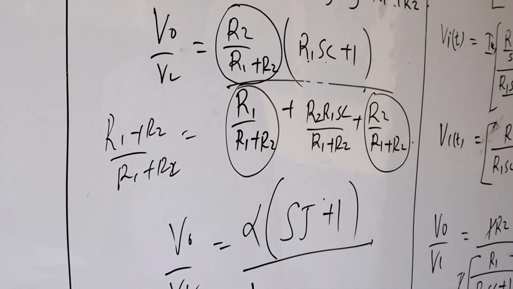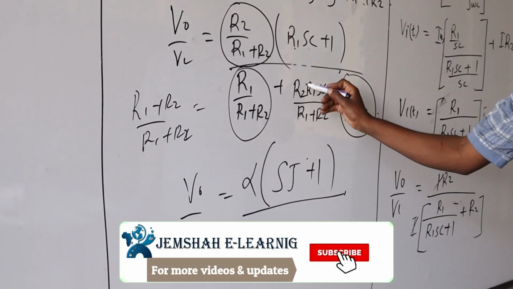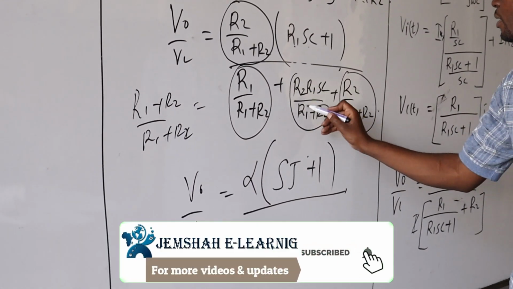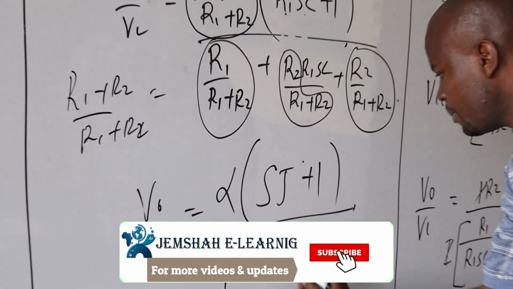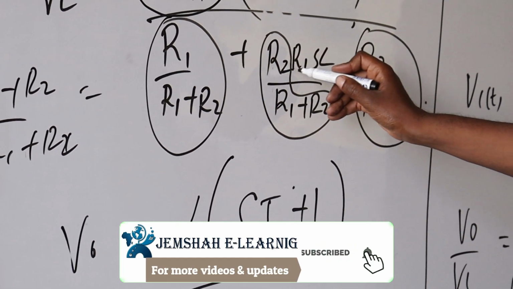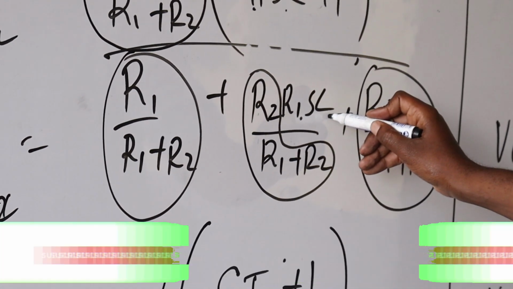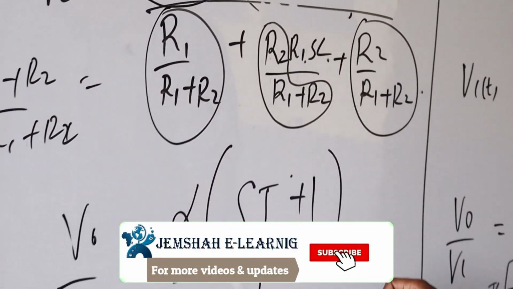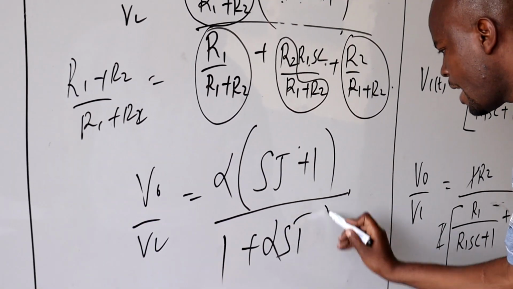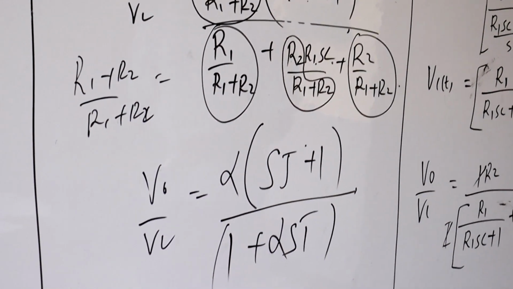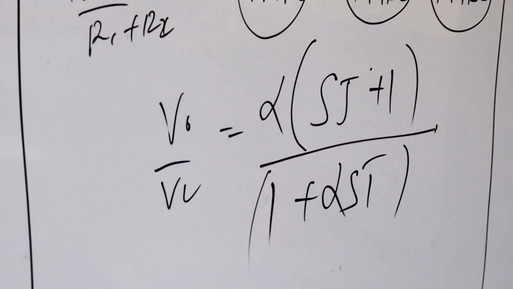Then from here, we have R2 here. This one is going to give us alpha, then R1 C is going to give us tau, then we have S. And with that, you shall have expressed that transfer function in that manner.